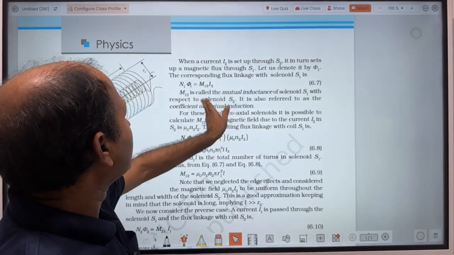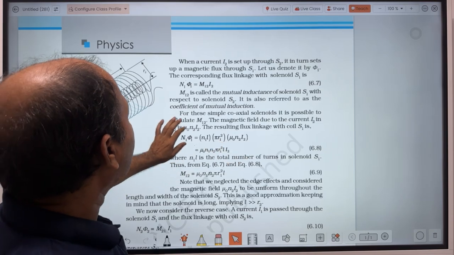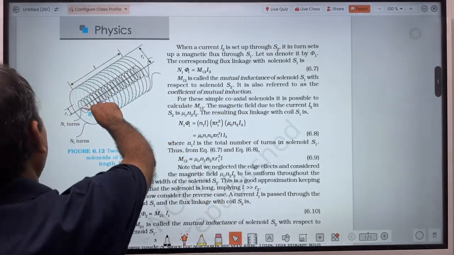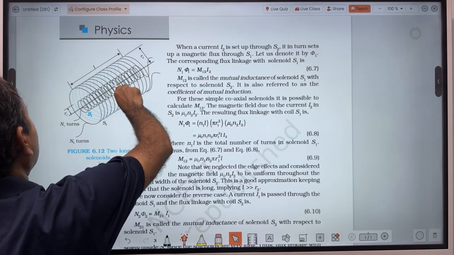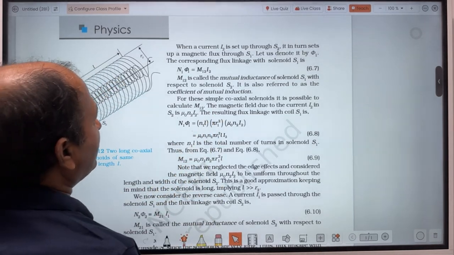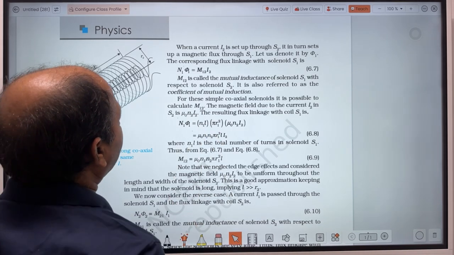This M12 is also referred to as the coefficient of mutual induction. For these simple coaxial solenoids, you have seen the axis of the two coils is the same, so it is possible to calculate M12.